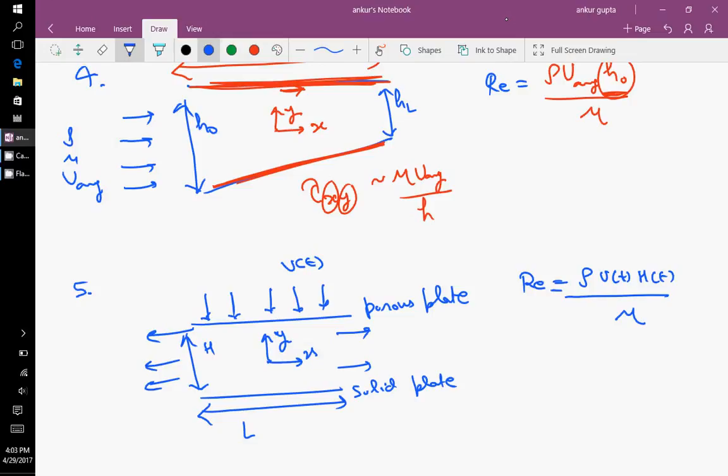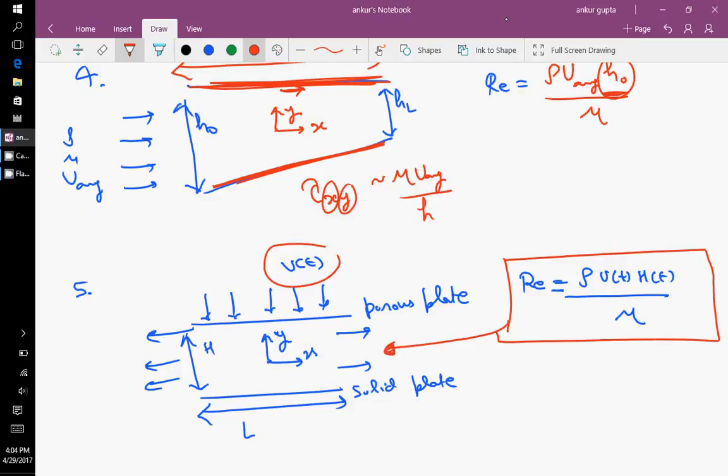So this was the Reynolds number. This may not be the most appropriate Reynolds number definition for a problem. However, because we know the velocity in the y direction and we know the length in this direction, we just chose this as the Reynolds number. Let's call this a function of time. We just define this as rho ut ht by mu.